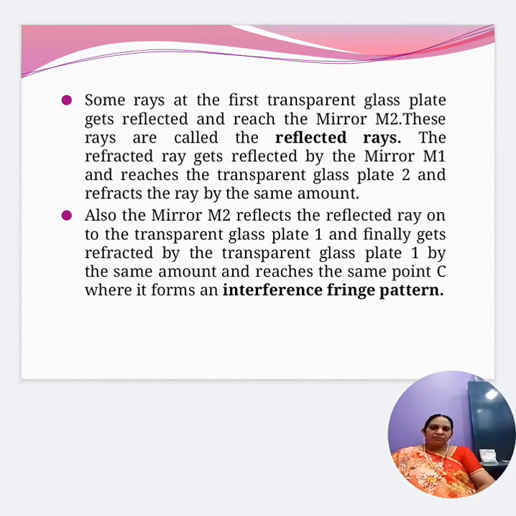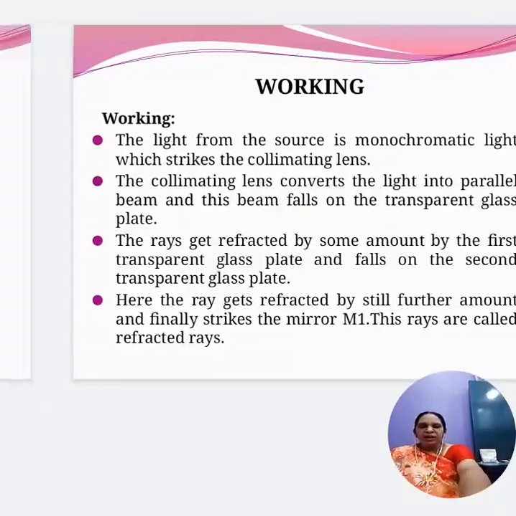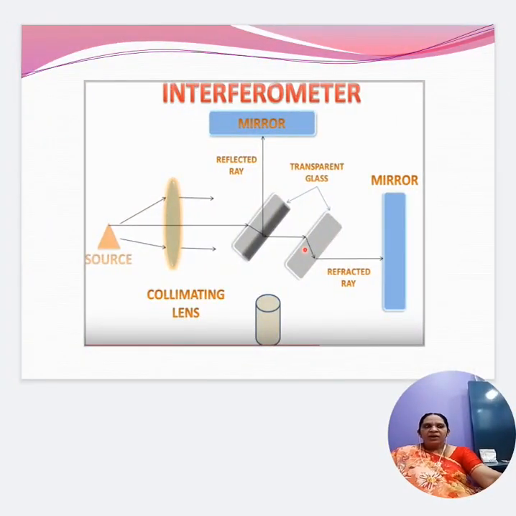I'll show you the figure once again so that you can understand more clearly. In the interferometer here, the source is emitting the monochromatic radiation. When it strikes the collimating lens, it generates a parallel beam of rays.